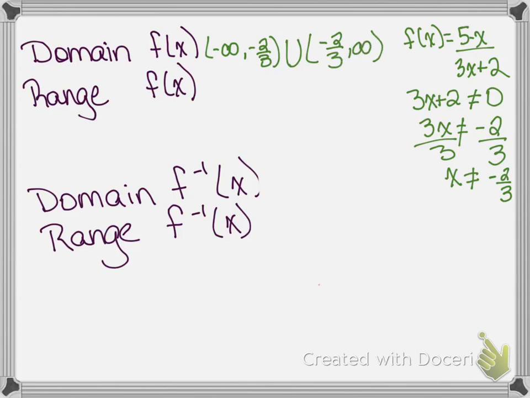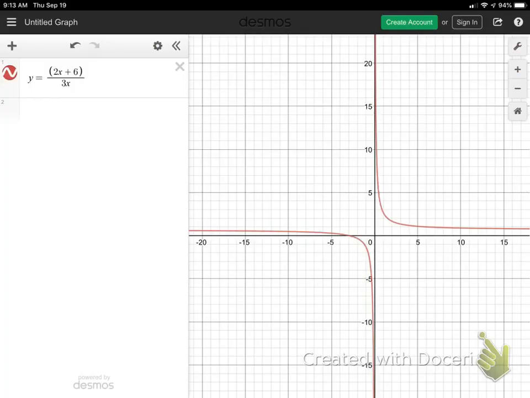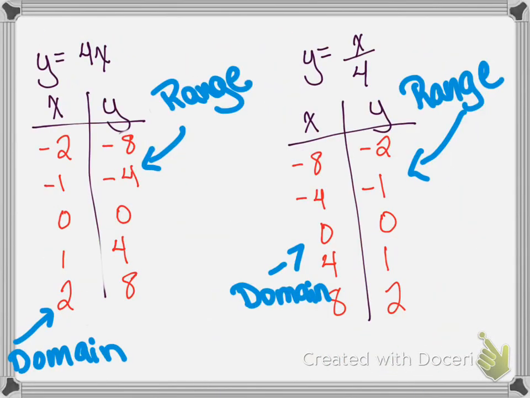Now, if that is the domain of f of x, what is it for f inverse of x? Let's go back to our ordered pairs. The domain of f of x is what on f inverse of x?